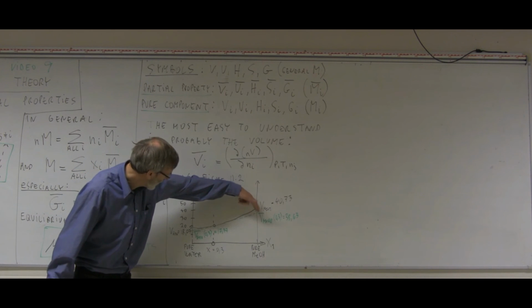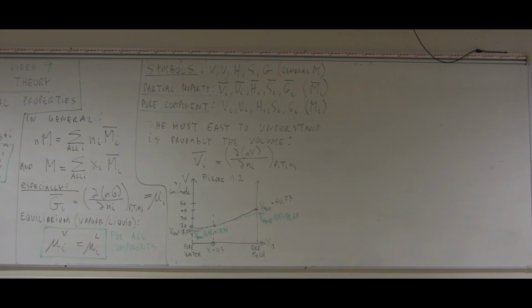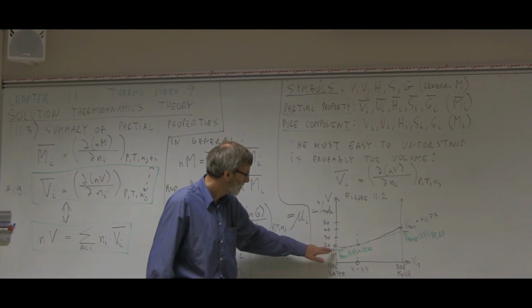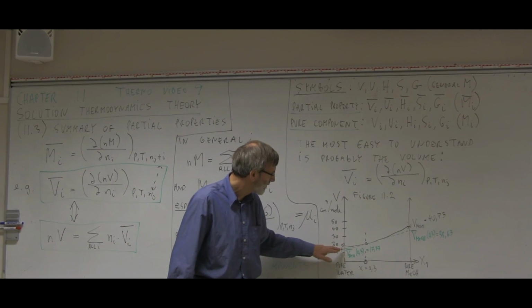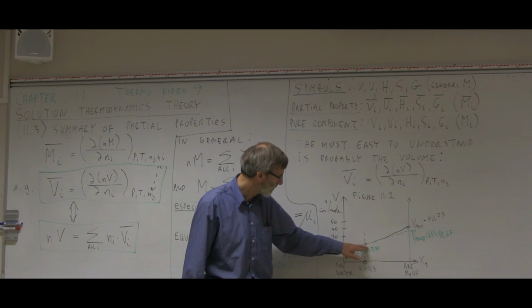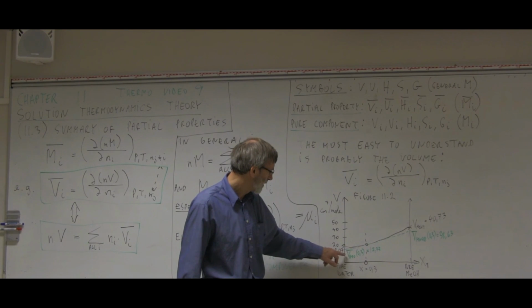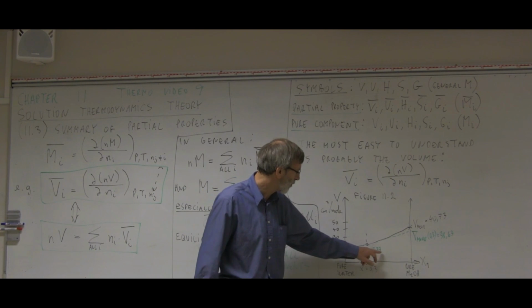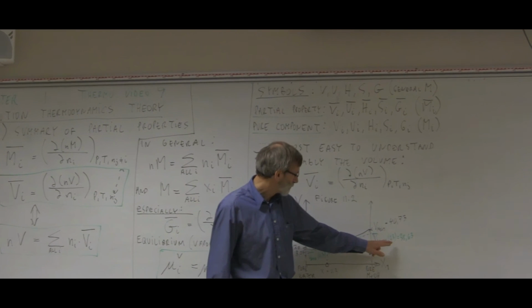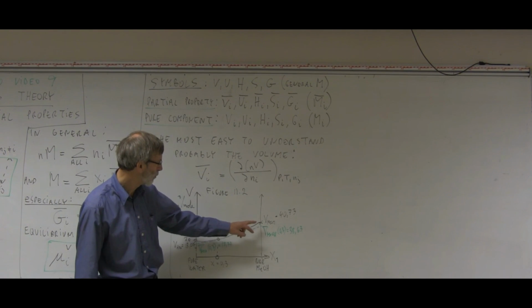And if we make a tangent through this point of x equal to 0.3, we can use this equation to convince us that this straight tangent going through the point 0.3 will be the volume in that point, and the partial molar volume of water at this side will be 17.77, which is lower than the pure component volume, and the partial molar volume of methanol is 38.63, which is also lower than the pure component methanol.